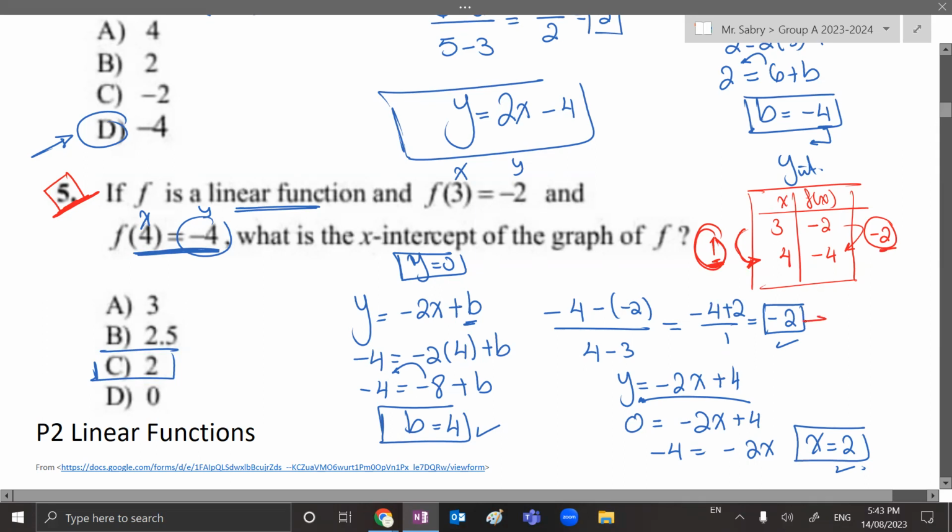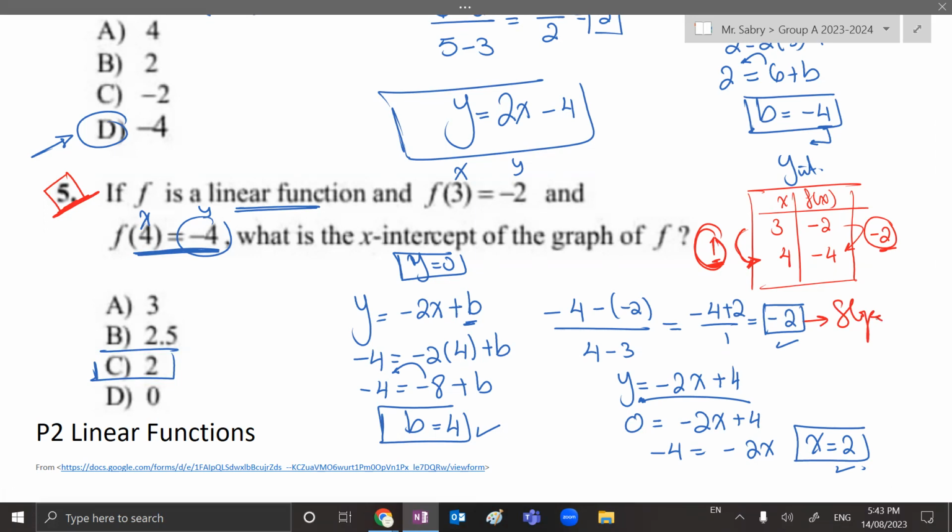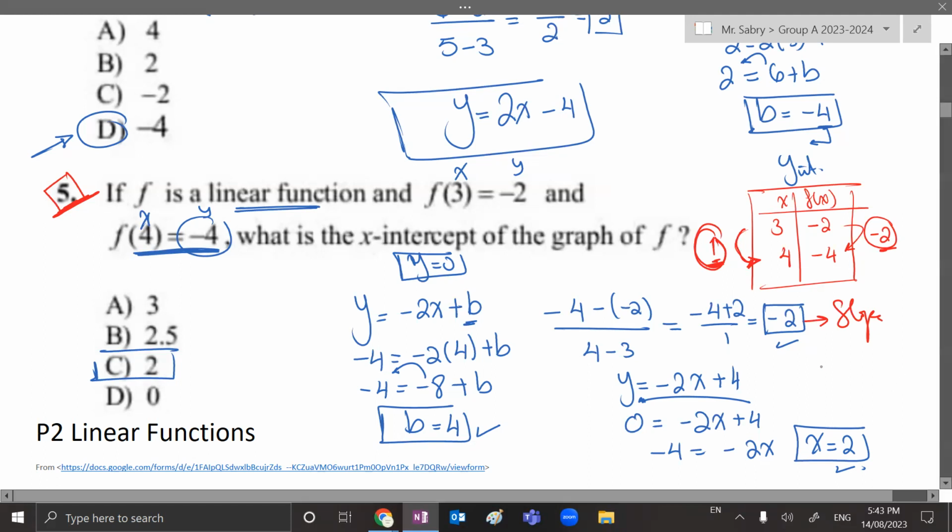That's why the slope is -2. That's the average rate of change. The change from one point to the other on the x for the y is a change of -2. That's why the slope is rise over run, which is the change of y over the change in x. Whatever change is happening in y with every 1 change in x.